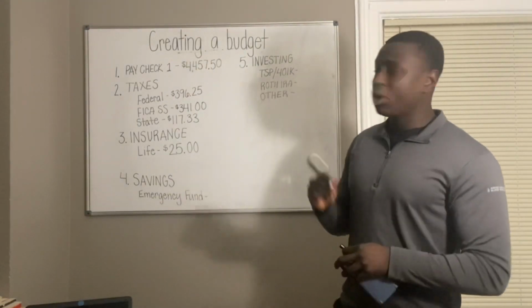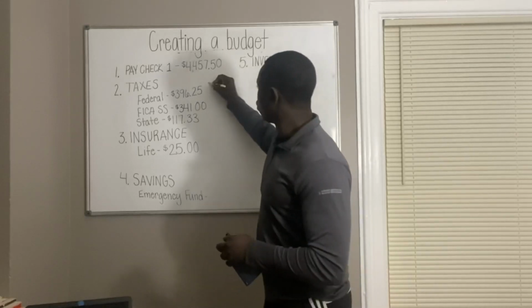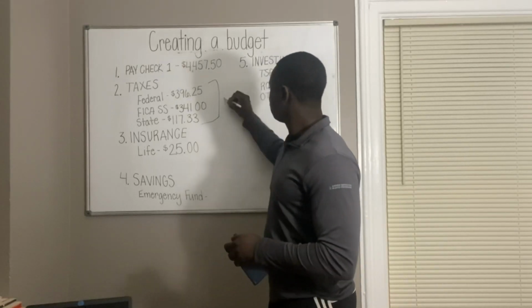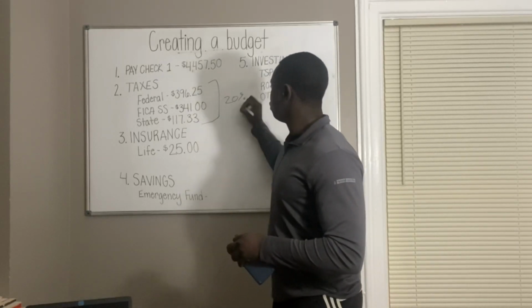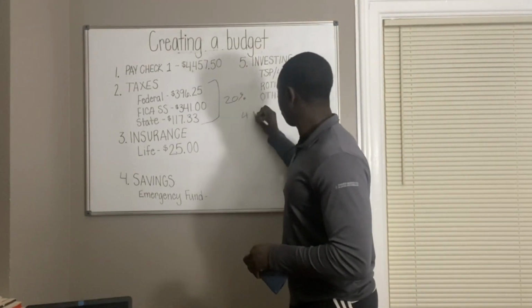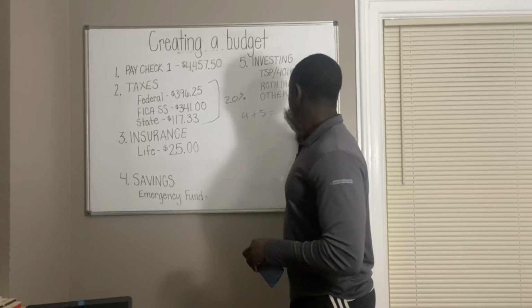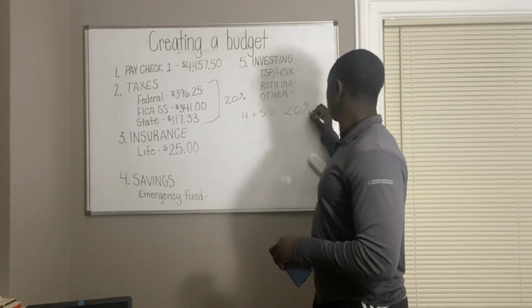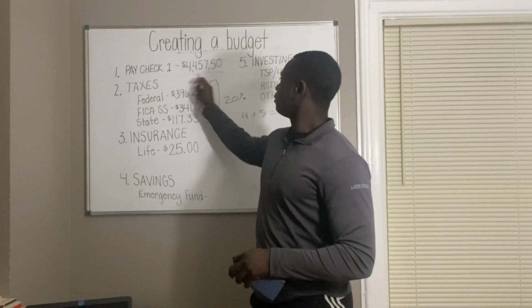So since every month you're going to be paying the government 20% in taxes, what you're going to do is pay yourself 20% as well. So category 4 and 5 should be at least 20% of what you make monthly.